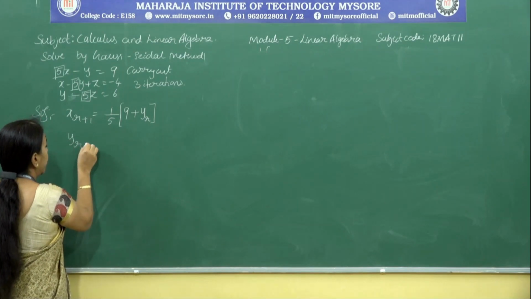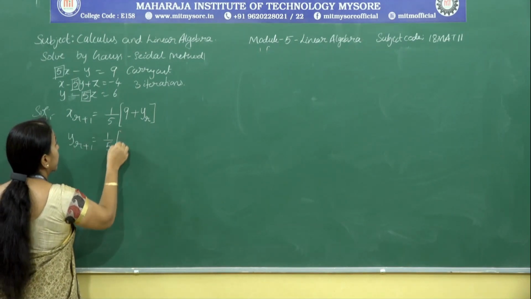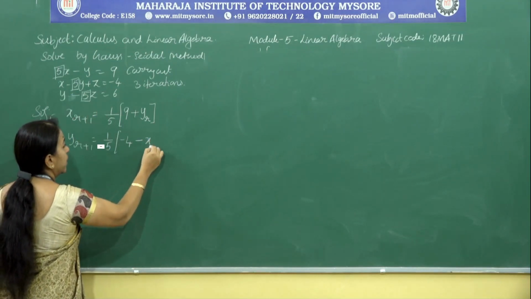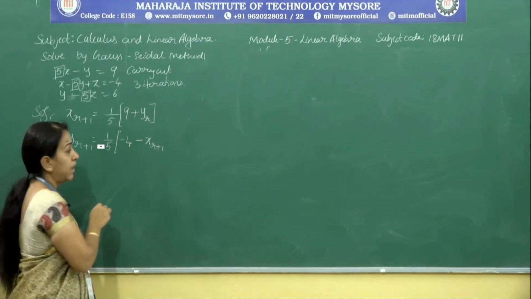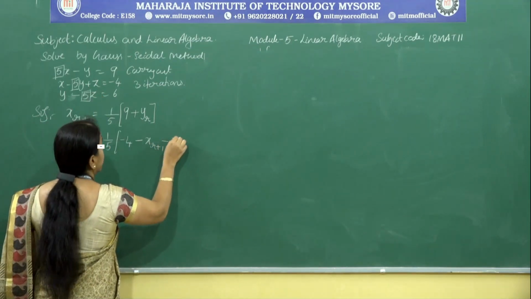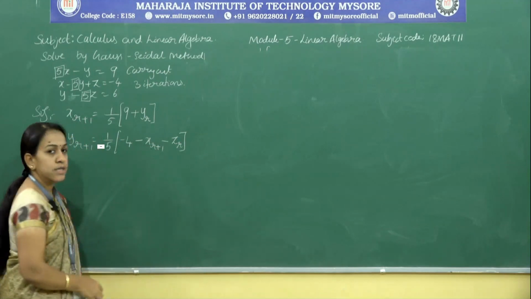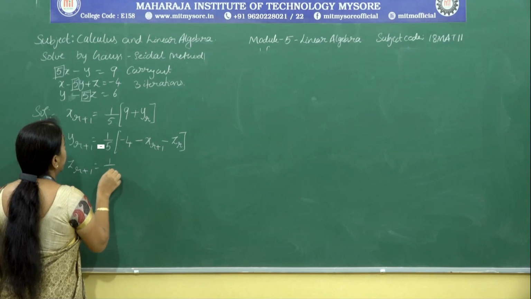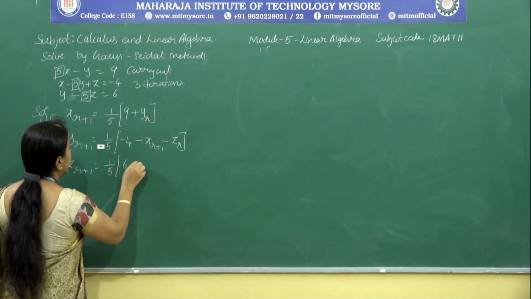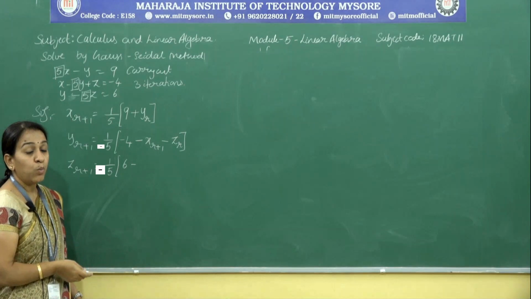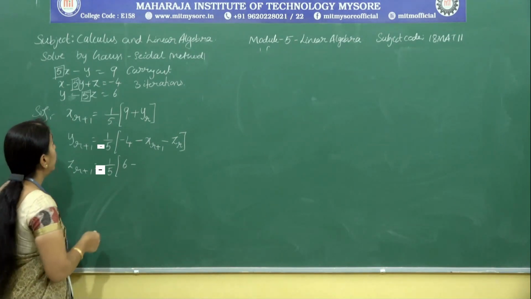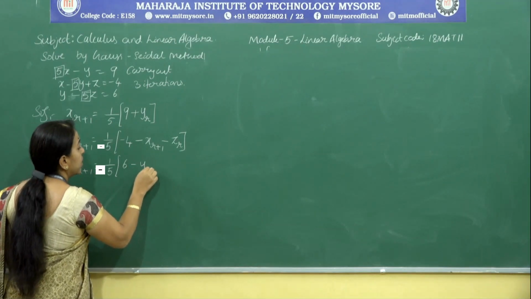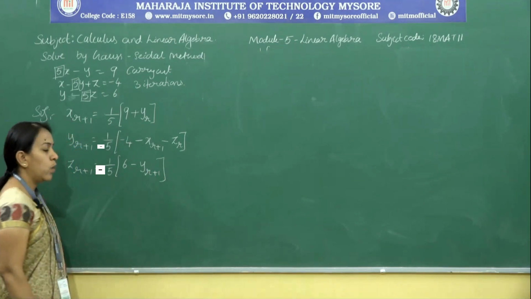Then y(r+1) is 1 by 5 into minus 4 minus the coefficient of x, which is 1. So 1 times x(r+1) and minus z coefficient 1, so minus z_r. And in the last equation, z(r+1) is 1 by 5 into 6 minus the coefficient of x, we don't have x, so it is 0, and the coefficient of y is 1, so 1 times y(r+1).